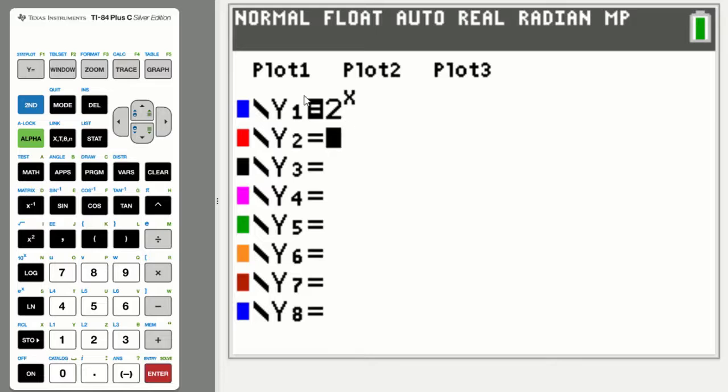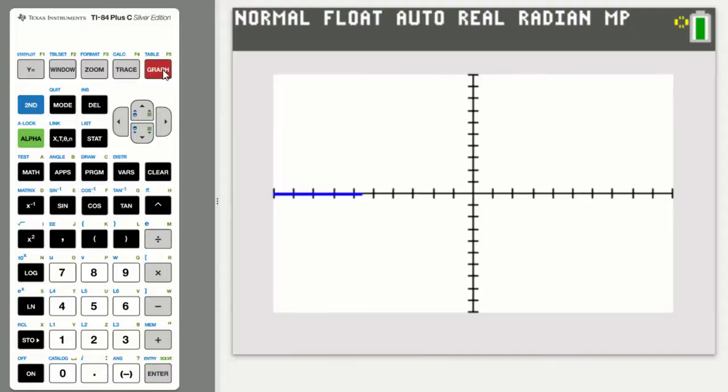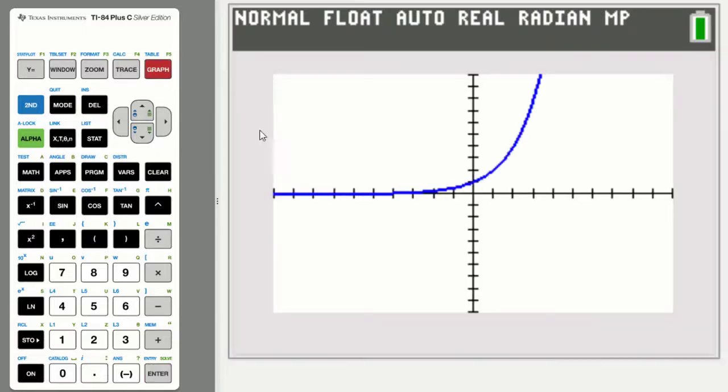Once we have entered our exponential function, let's see what it looks like. The simplest way is to click on graph after we enter our function, and there it is. That's the graph for our 2 to the x. This is the standard zoom on the TI calculator.